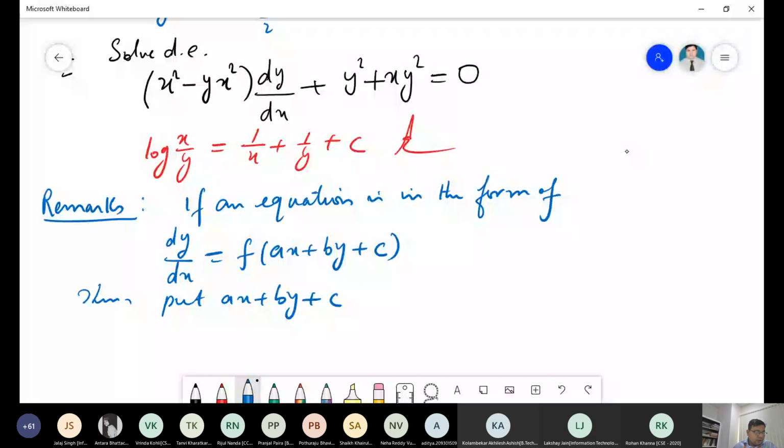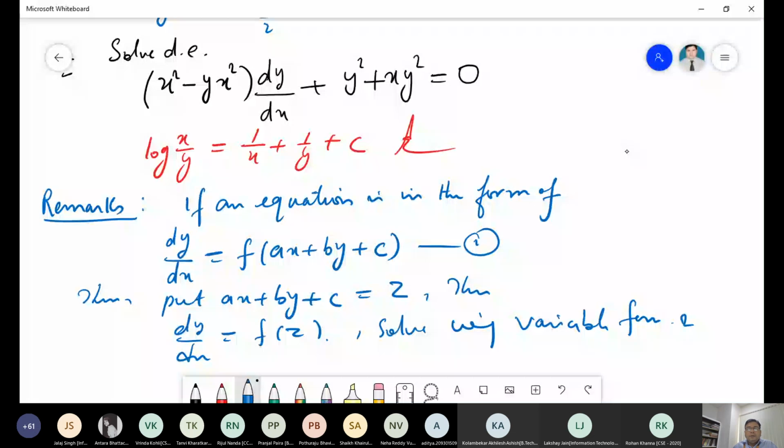This equation is then reduced to dy by dx equal to f of z, and we solve it using the variable separable form.